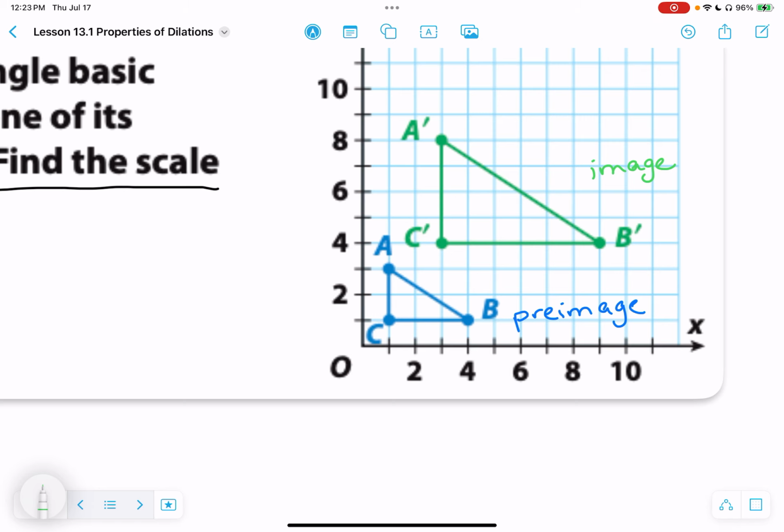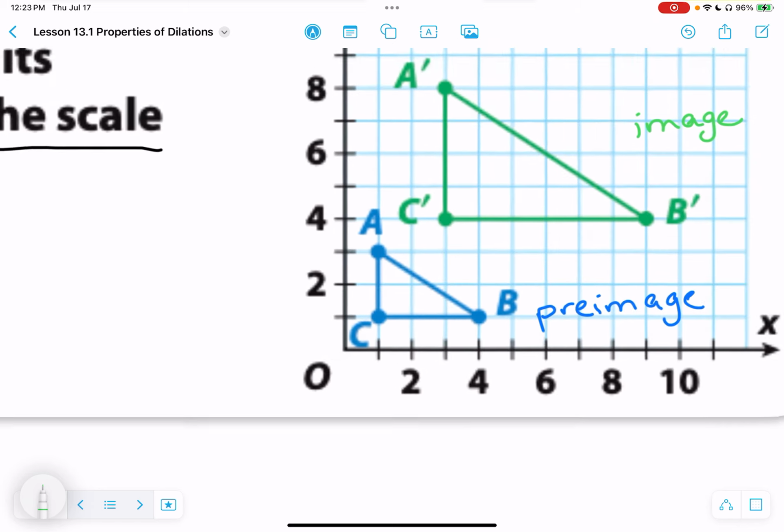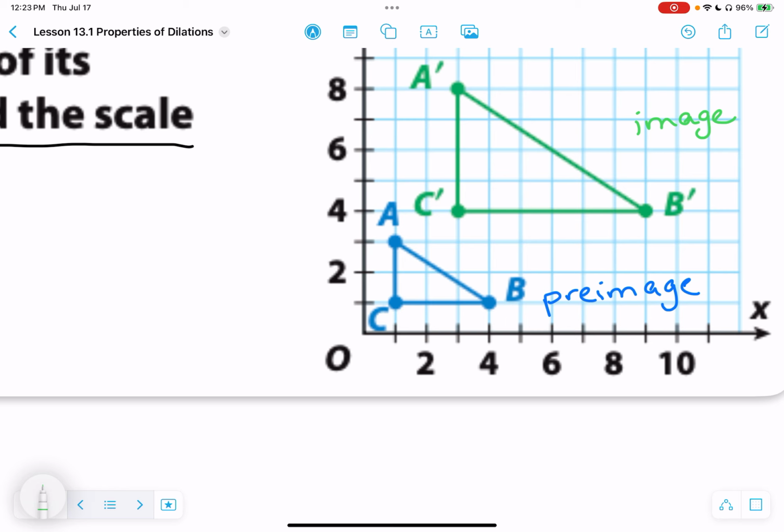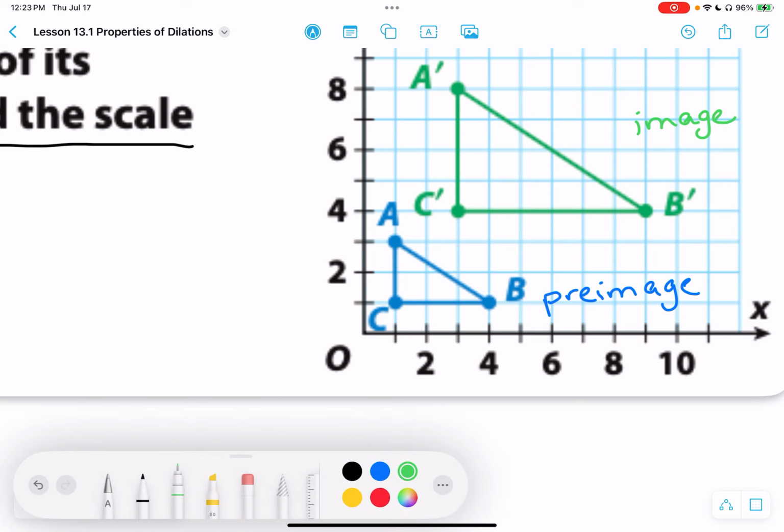So very simply, the way that we figure this out is how long are the sides of the original shape? How long are the sides of the image? And then we make a couple of ratios to figure out how many times bigger the image is than the pre-image. So this is a pretty simple thing to do because in a graph like this, where the sides are literally perpendicular to the x and y axis, all we have to do is count.